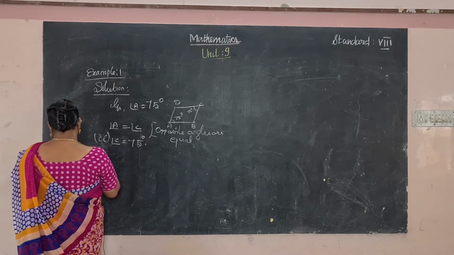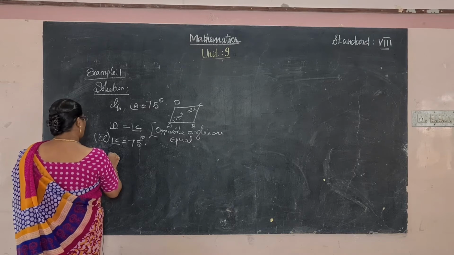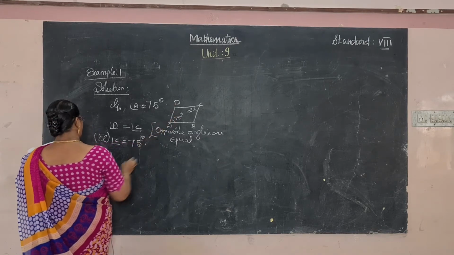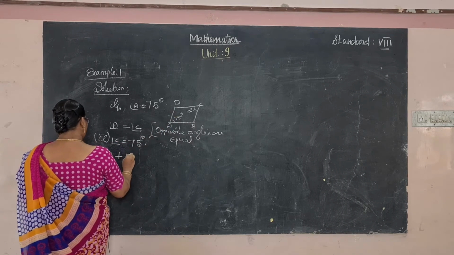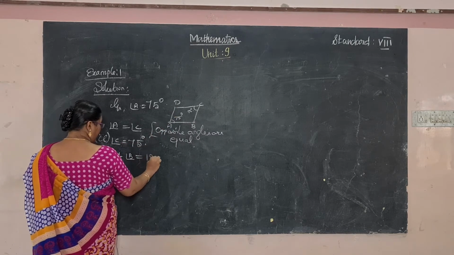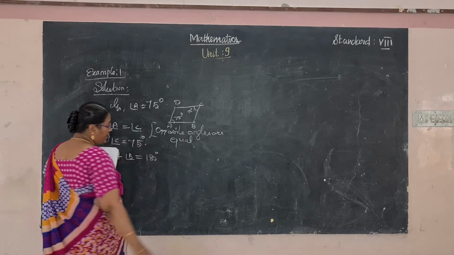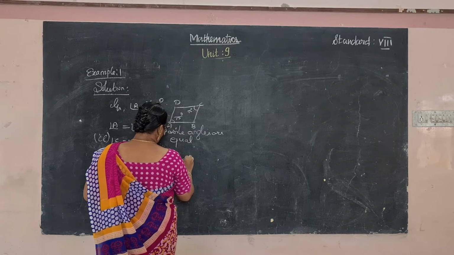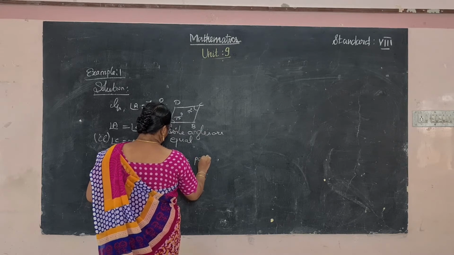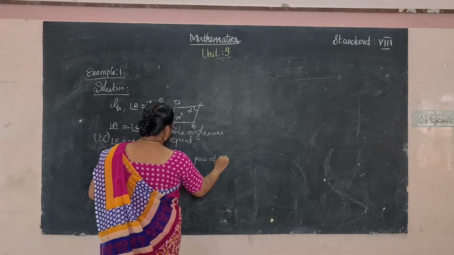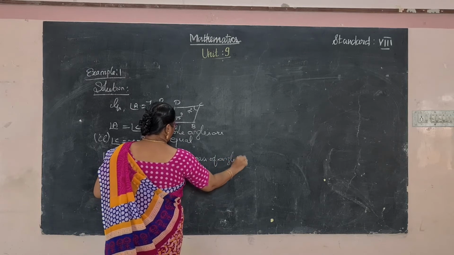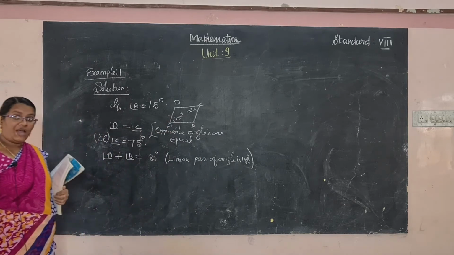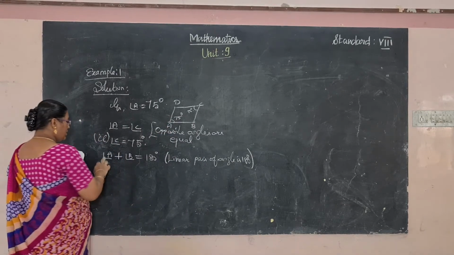Angle A plus angle B is equal to 180 degrees. Our straight line has 180 degrees, our linear pair angle is 180 degrees.